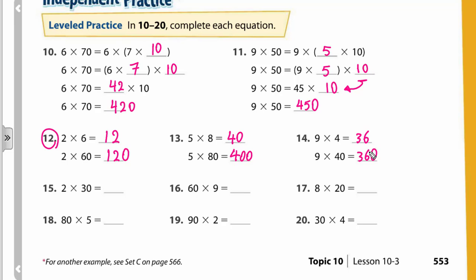I am here. Go ahead, question number 15. 2 times 30 equals 60. Can you explain to your friends why it is 60?